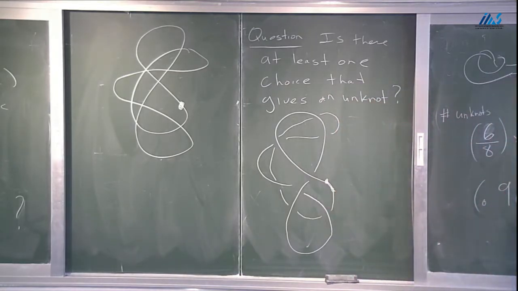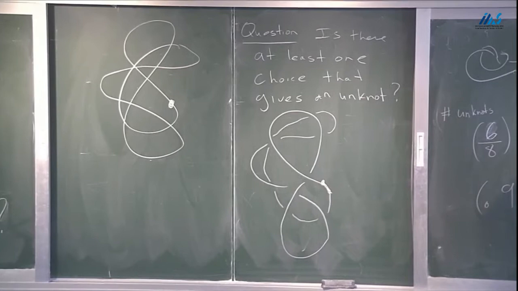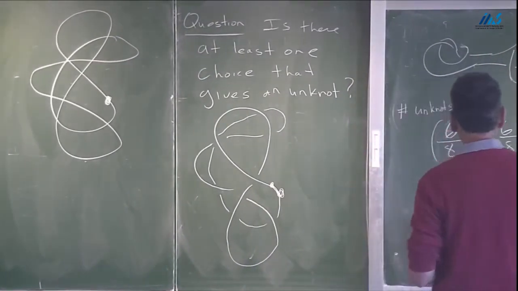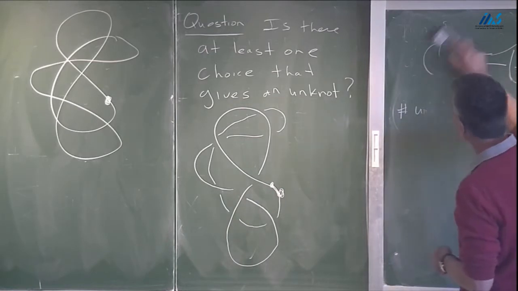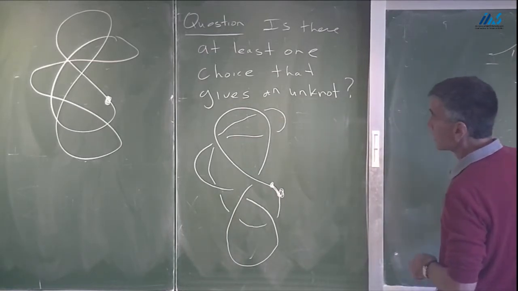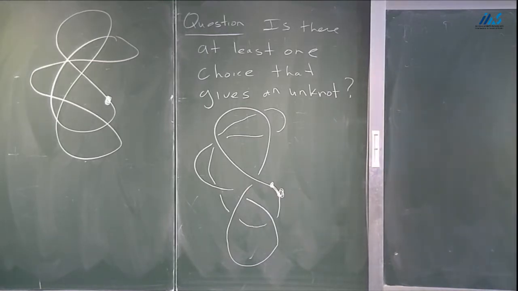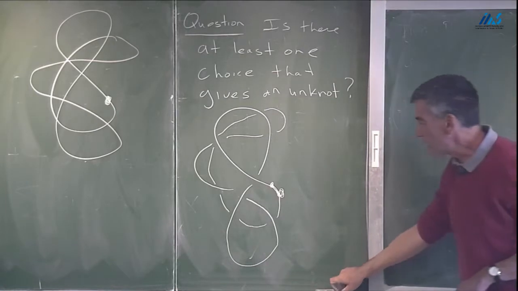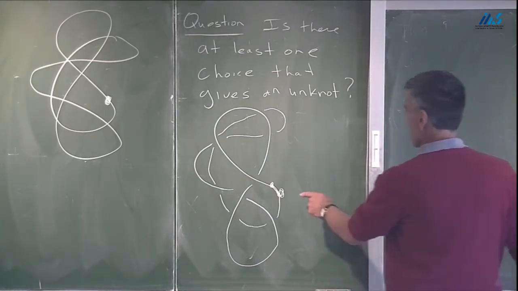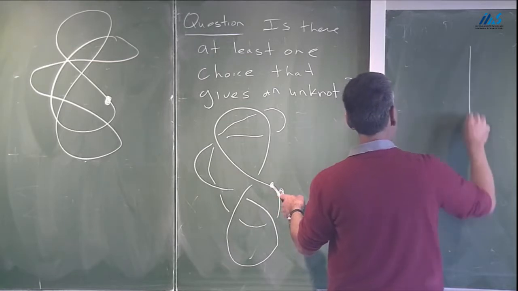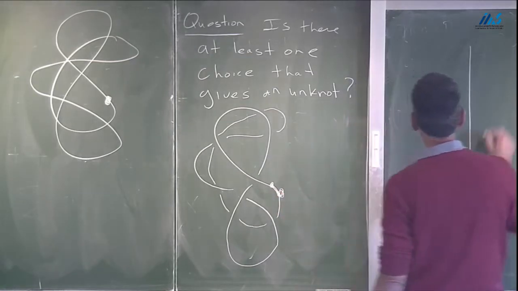Okay, so why is that unknotted? Yeah, that's true. You could use an induction argument with Reidemeister moves. Another way to do it is to look sideways. Make this point that you picked here the z-axis, and let's think about what we did.